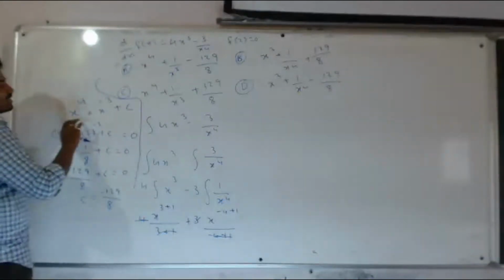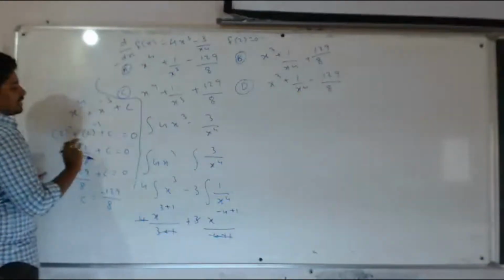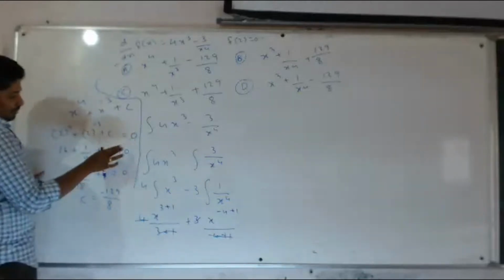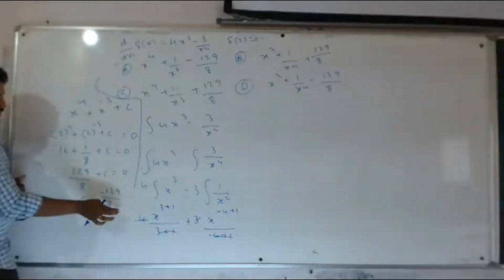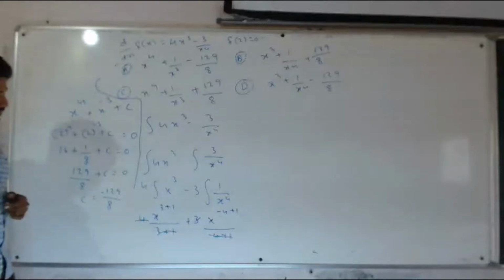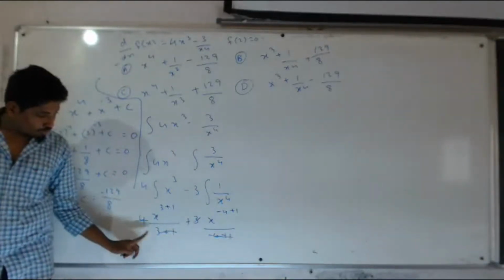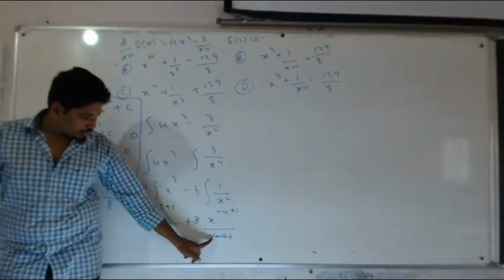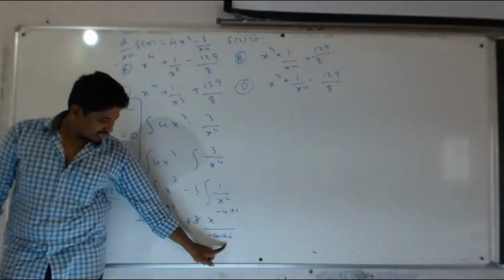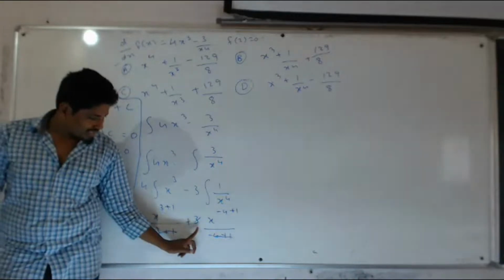So we put x equals 2 in this equation and equate it to 0. We got c as minus 129 by 8. See the steps here: 3 plus 1 is 4, 4 got cancelled. Here minus 4 plus 1 is minus 3. Minus minus will be plus 3, 3 got cancelled.